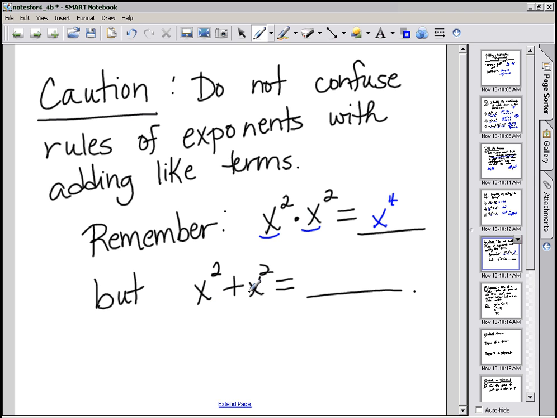But if you're adding x squared plus x squared, you have to add things that only have like terms, so you add the coefficients just like we did a moment ago to get 2x squared. But in adding, the powers don't change. Right, they have to stay the same because they are like terms. We're adding how many of those things do we have.